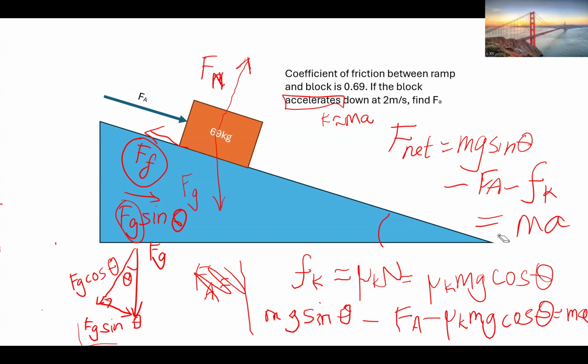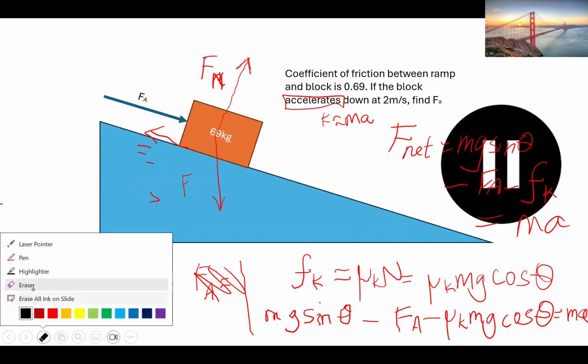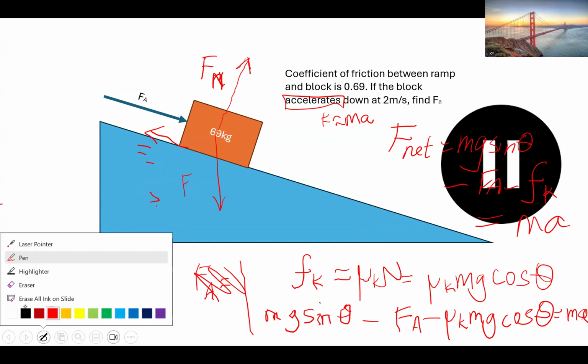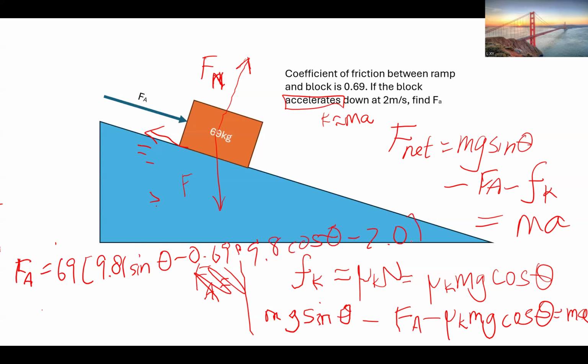So the overall solution to this problem is plugging the values to get this. Let me just write it down. Fa equals 69 times 9.81 sine theta minus 0.69 times 9.8 cosine theta minus 2.0.